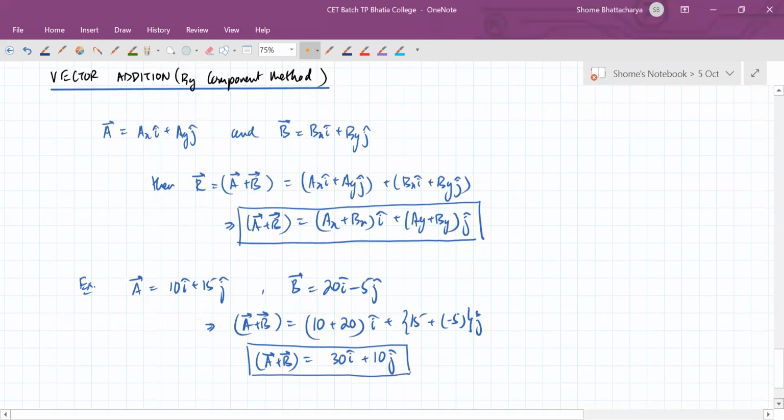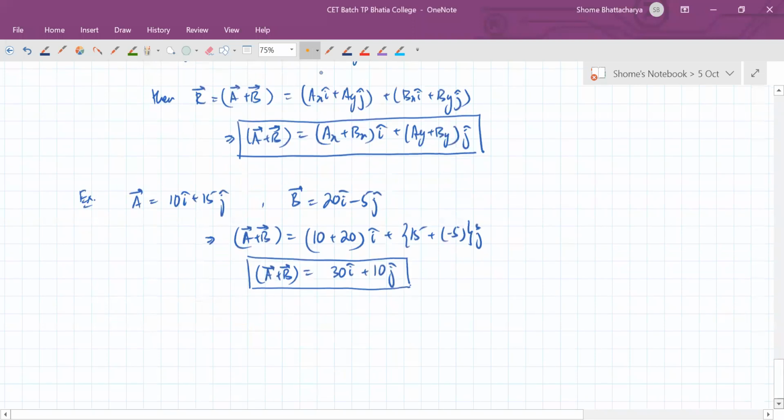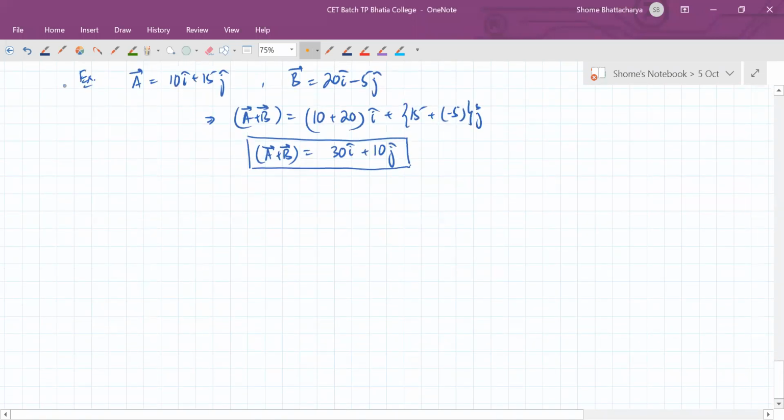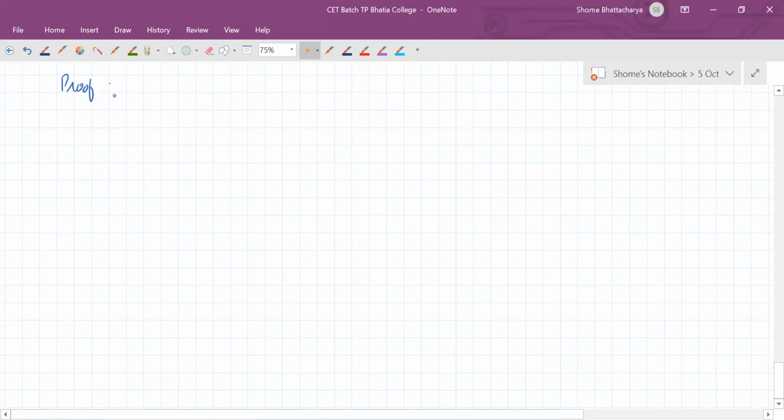Now, first thing that we can do from this is you can understand proof of triangle law formula using component method or using what we call component algebra. When we express vectors in component form and do algebraic operations, it is called component algebra.